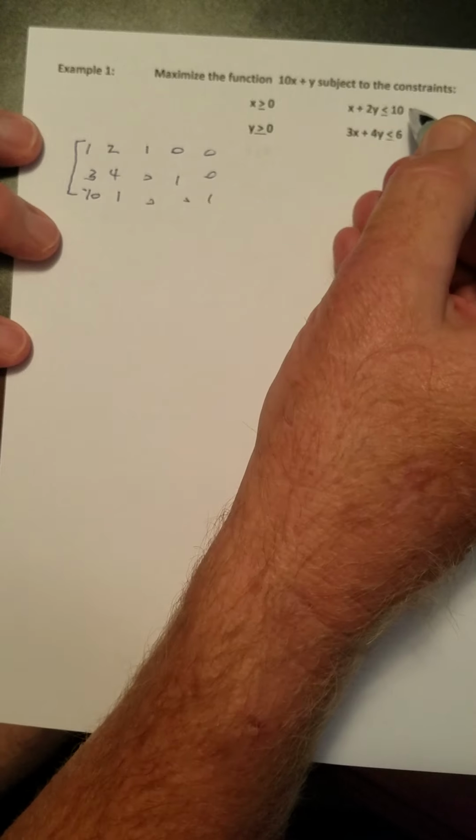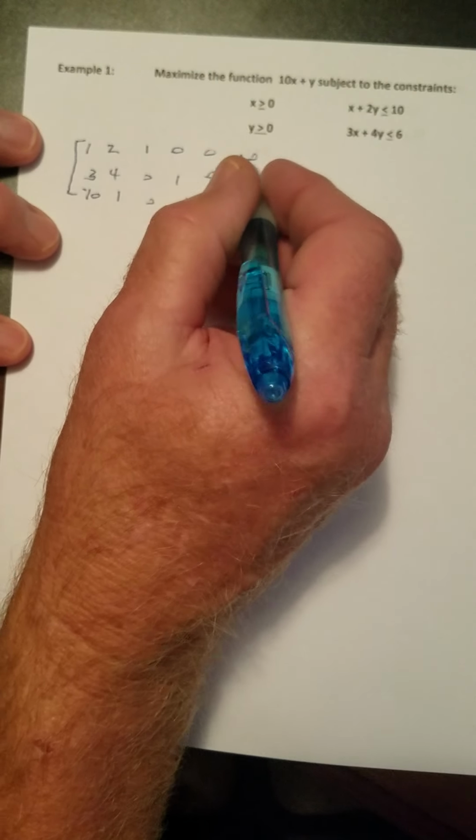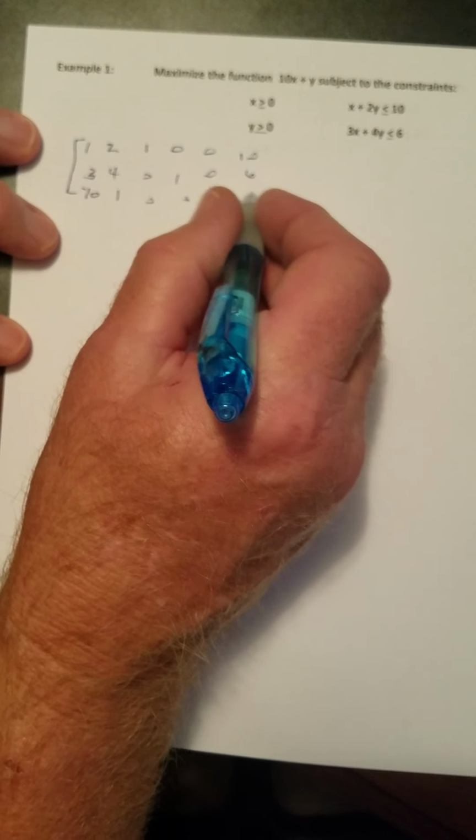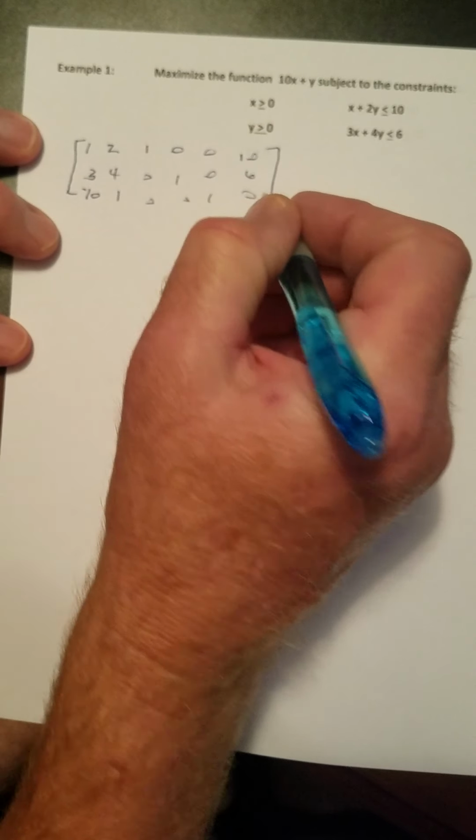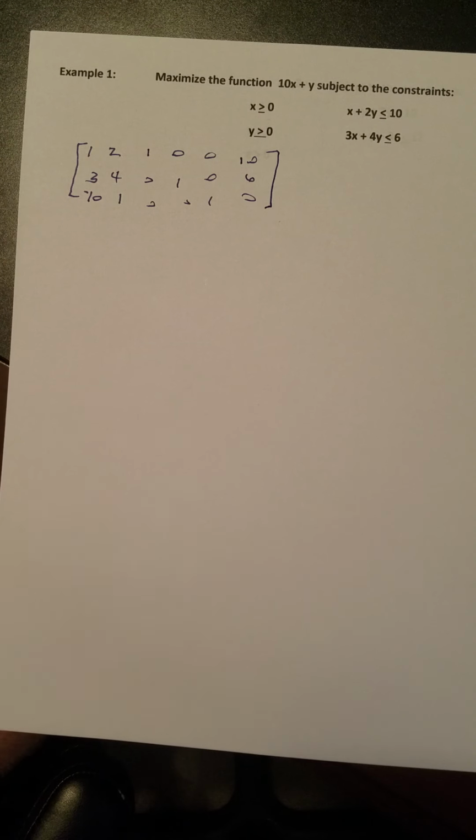And then at the end, I've got the 10 and the 6, and the bottom one's always a 0. So that's how you set it all up. Now I know when you read the book, they take you through a lot of stuff, and you don't need to know all of that. If you can do what I just did there, then you're in good shape.